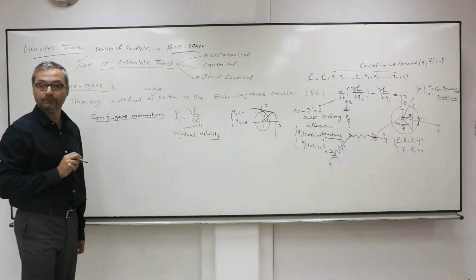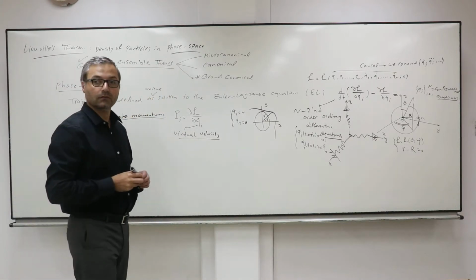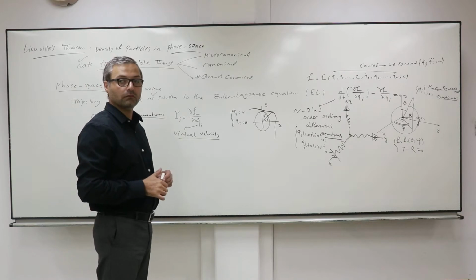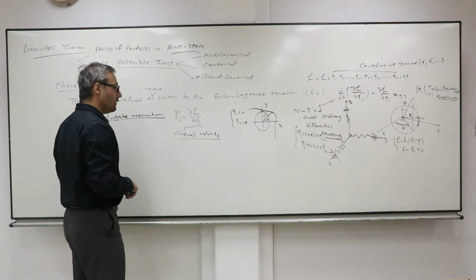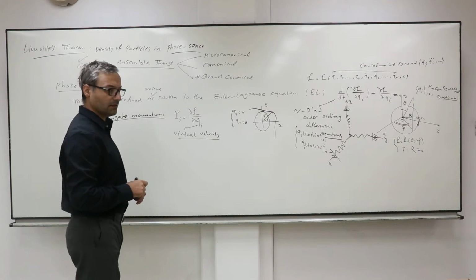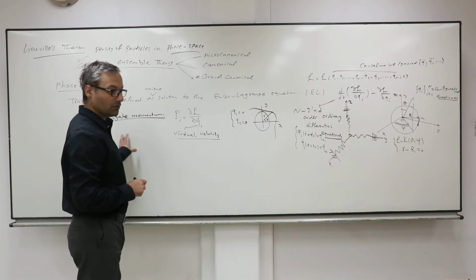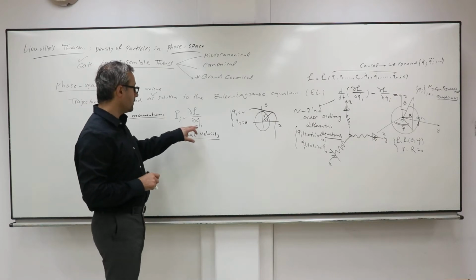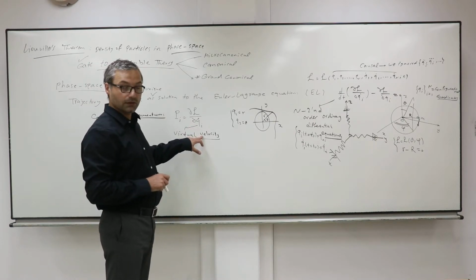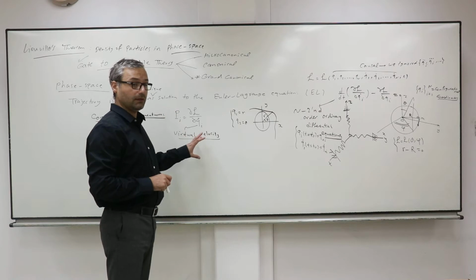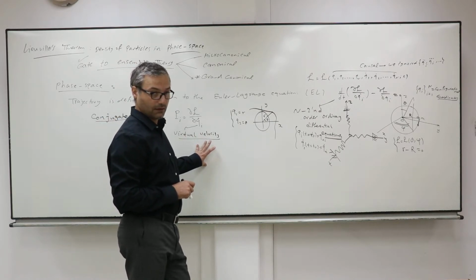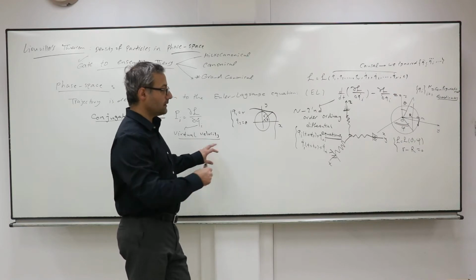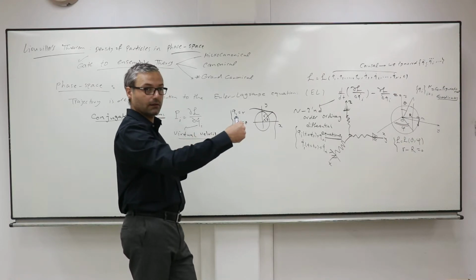So, conjugate momentum is the same as generalized momentum? Yes, it's the same, but generalized momentum we use for other things. I don't know where you read it. Conjugate momentum is the momentum related to the virtual velocity. Generalized momentum is normally defined for a particle in an external field, like a charge in an external magnetic field.